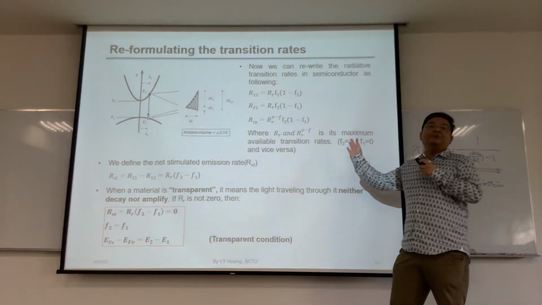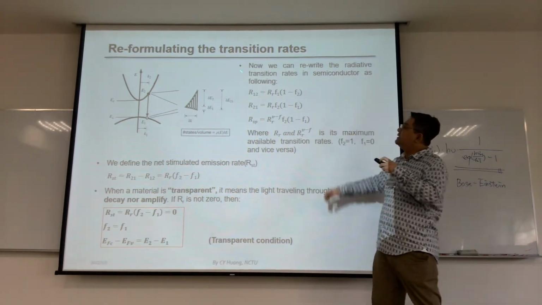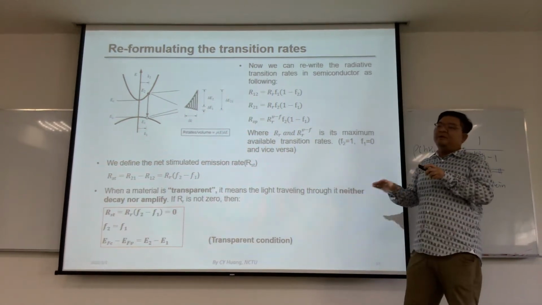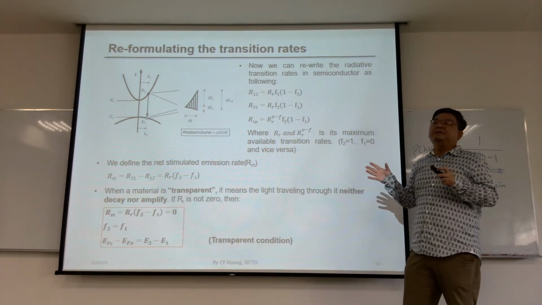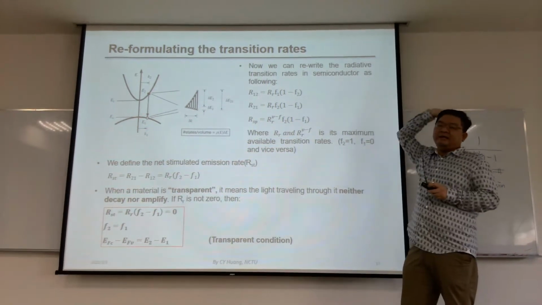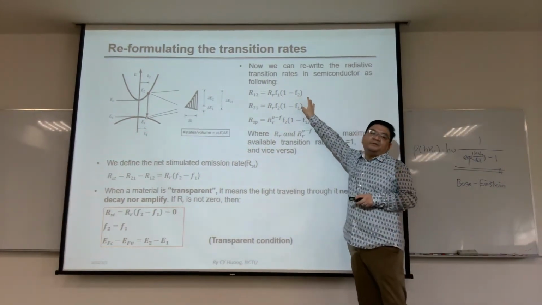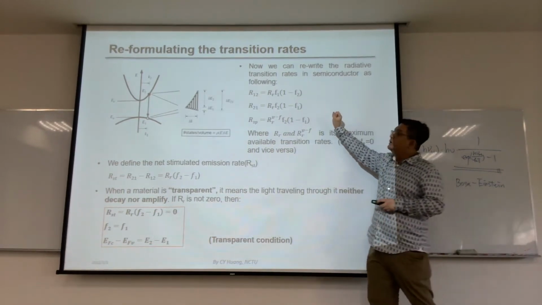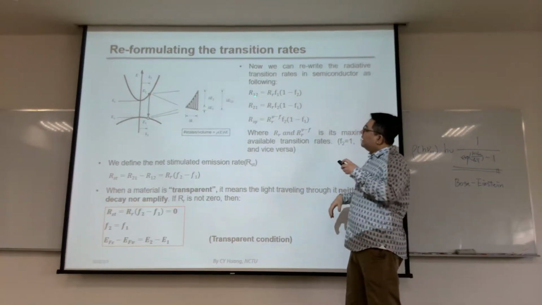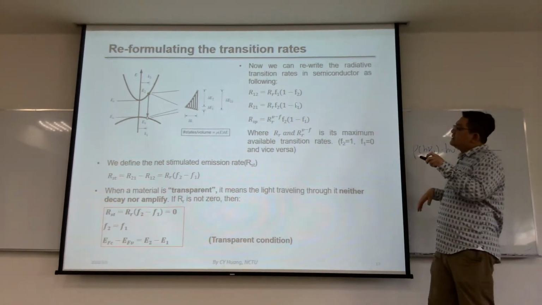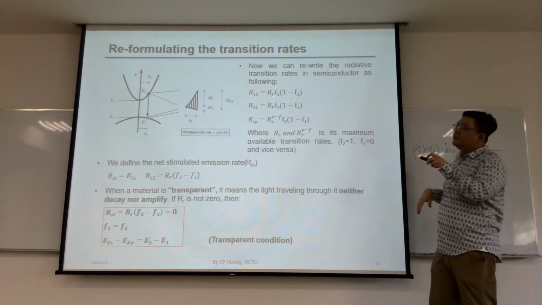It cannot be 1.2 or 1.3. So the highest number of F1 is 1. Similarly, at 0 K, because there is no electron at the higher state, the smallest value of F2 is 0. So the absorption rate is limited. It has some maximum number called RR.